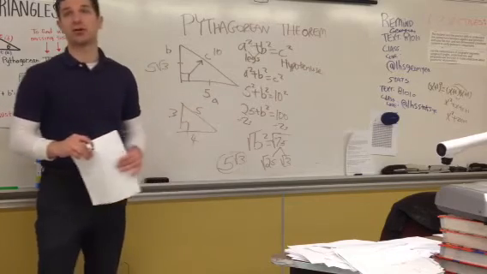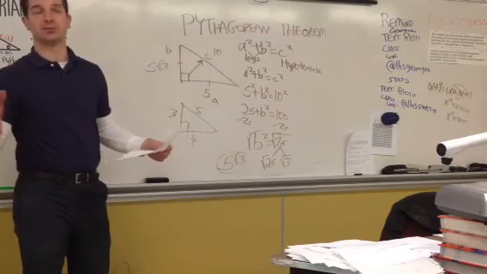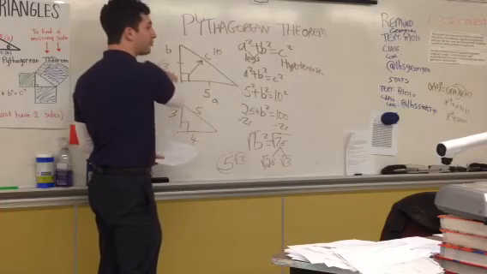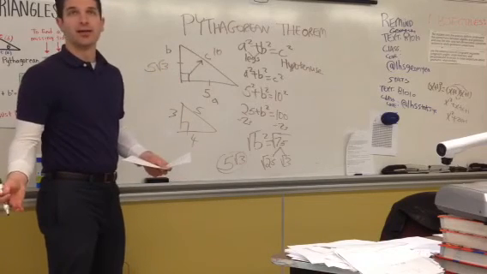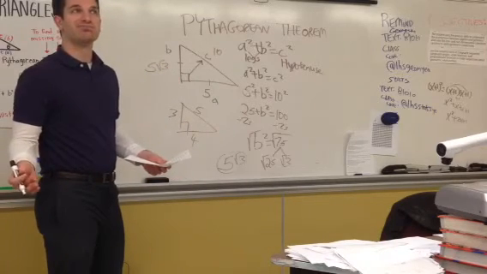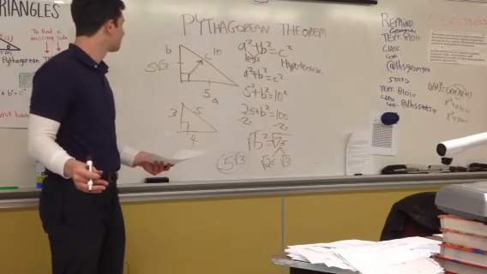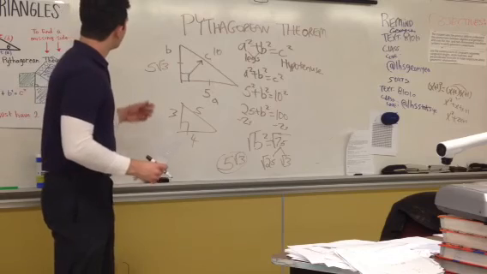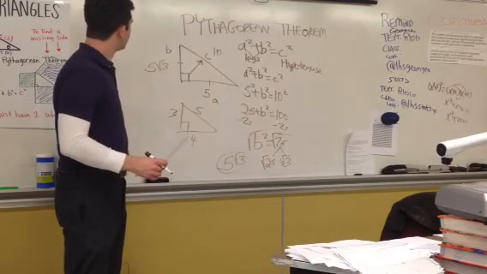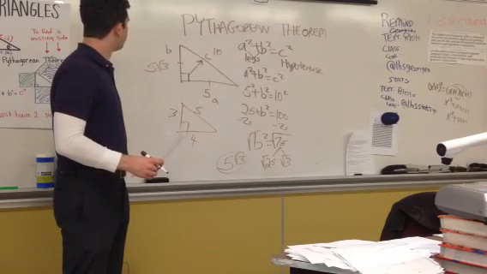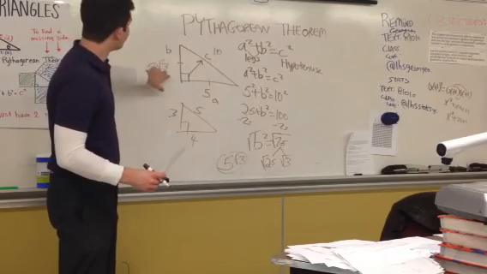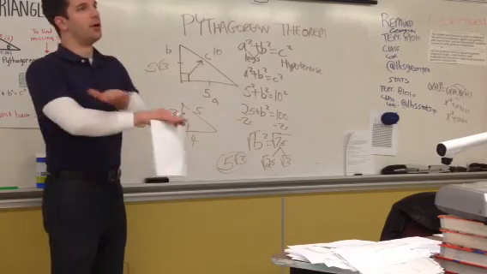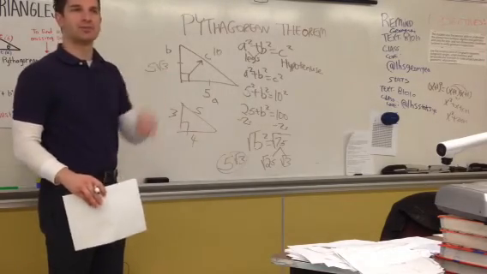This is a Pythagorean triple. Why? Because the numbers are whole numbers. 5 square root of 3, if you wrote that as a decimal, that would be about, I think around 7. Sounds about right. Let's go with that. So that would not be a whole number. So if you have a radical or a decimal, no Pythagorean triple. All whole numbers, Pythagorean triples.